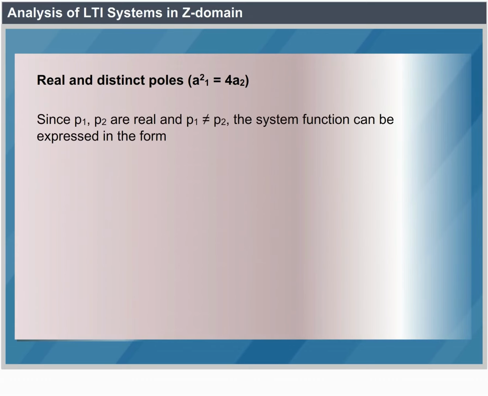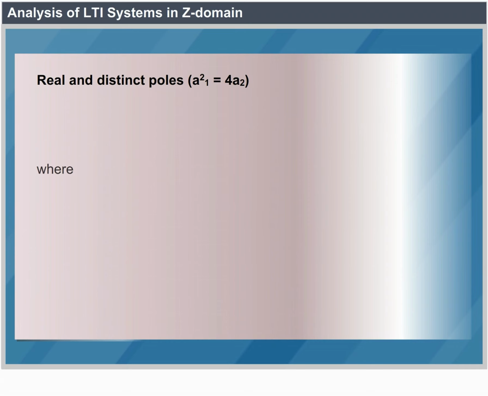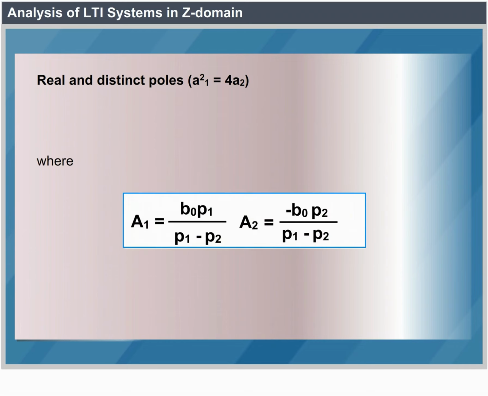Real and distinct poles, a1 square greater than 4a2. Since p1, p2 are real and p1 not equal to p2, the system function can be expressed in the form H of z equal to A1 divided by 1 minus p1 z power minus 1 plus A2 divided by 1 minus p2 z power minus 1, where A1 equal to b0 p1 divided by p1 minus p2 and A2 equal to minus b0 p2 divided by p1 minus p2.